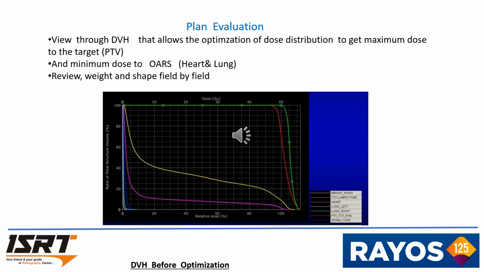Then review weight and shape field by field. This figure shows the dose volume histogram.